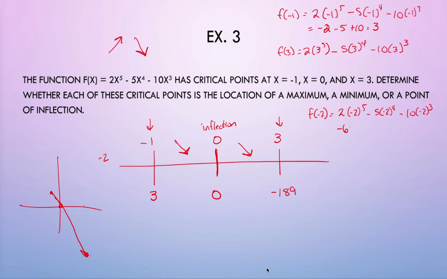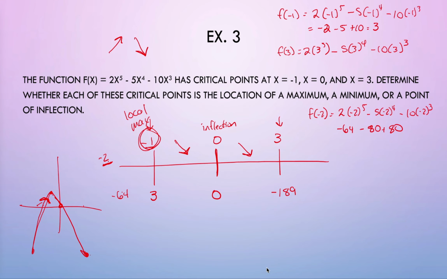So this is going to be -64 minus 80 plus 80. So this is -64. So at -2, we're back down here. The function is increasing from -64 to 3, or in terms of x values, from -2 to -1, the function is increasing. So this is going to be a local max.